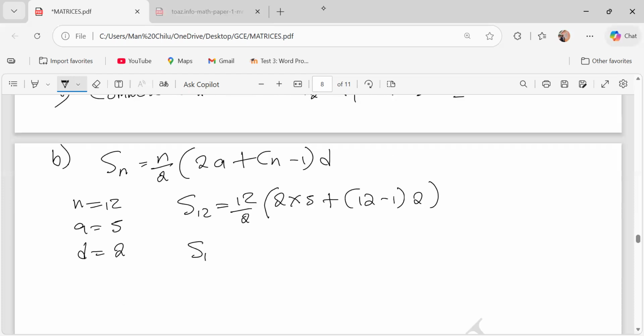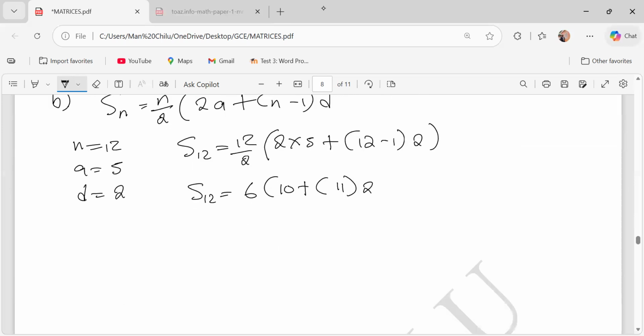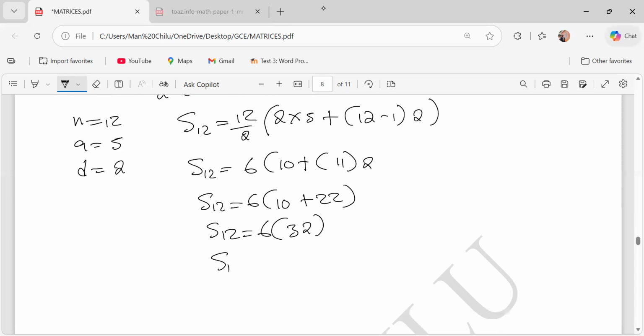So S12 will be equal to 6, times 2 times 5, that's 10, plus 12 minus 1, that's 11 times 2, which gives 22. So it will be 6 times 10 plus 22, that's 32. So 32 times 6, you are going to get 192.